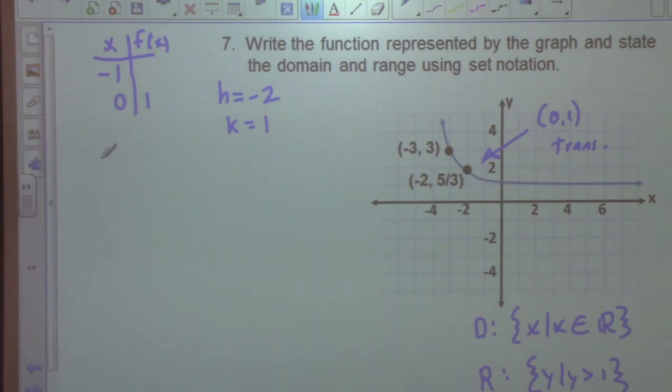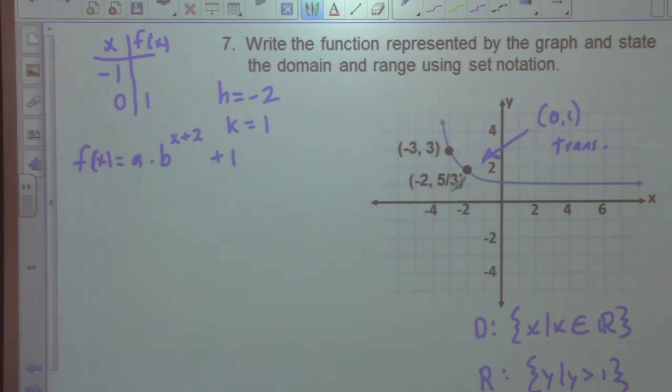So anyway, now we're able to start here. We can write f of x equals a times b to the power of x plus 2, and then plus 1.